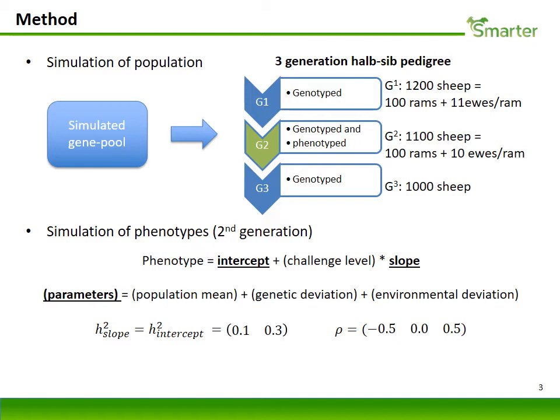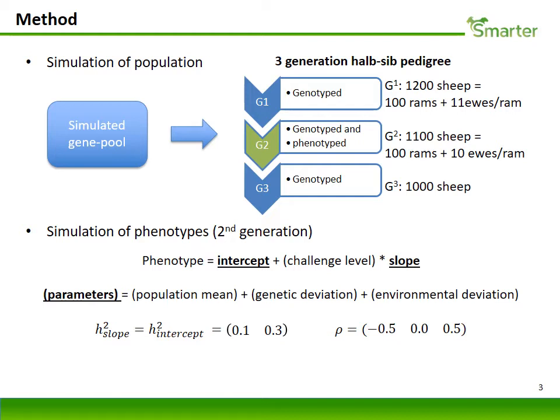The parameters intercept and slope are assumed to be deviating from their mean by a genetic and an environmental factor. Both parameters were simulated once with high heritability of 0.3 and low of 0.1, and 3 genetic correlations, minus 0.5, 0, and 0.5, were assumed, where the negative genetic correlation indicates a trade-off.